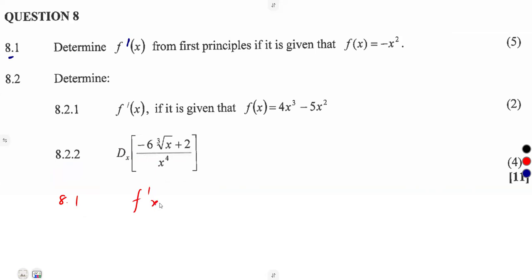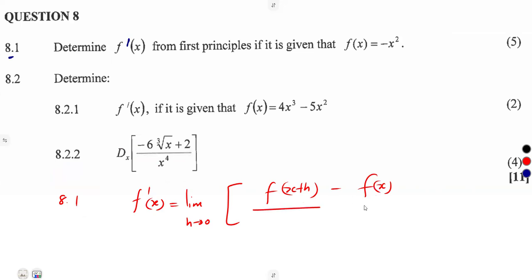That's the first derivative with respect to x is going to be limit as h approaches 0 of f of x plus h minus f of x, everything over h, like this, where f of x is already given. So what we're going to need is f of x plus h, all right? In place of x, you must substitute that x plus h. So it's minus x squared, the minus is outside.